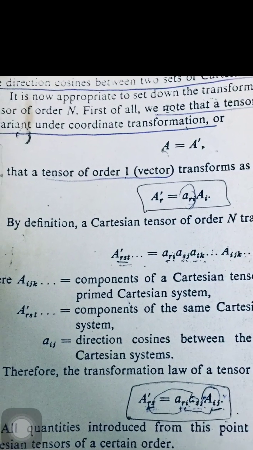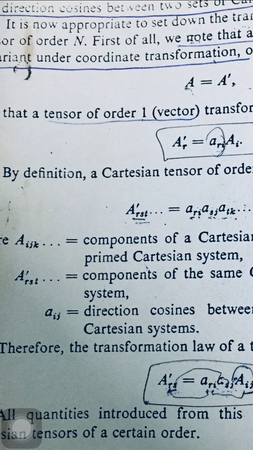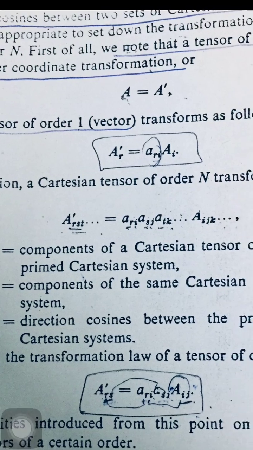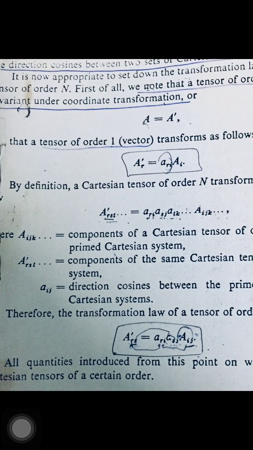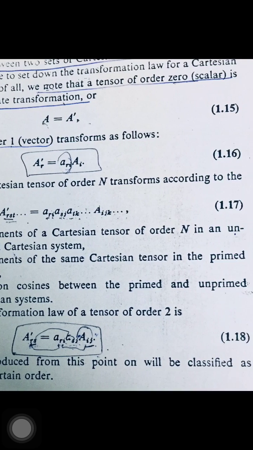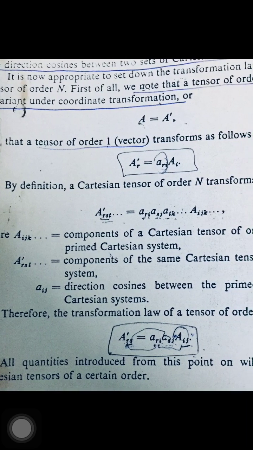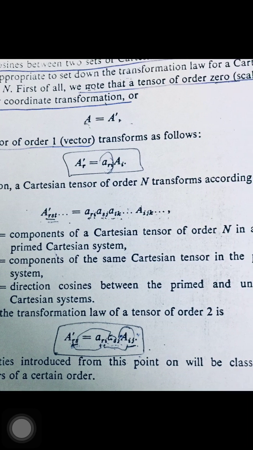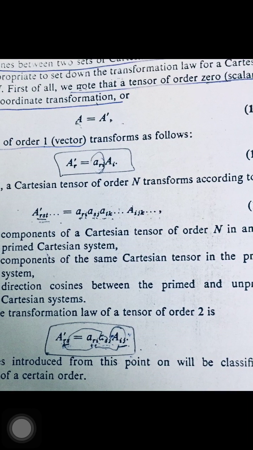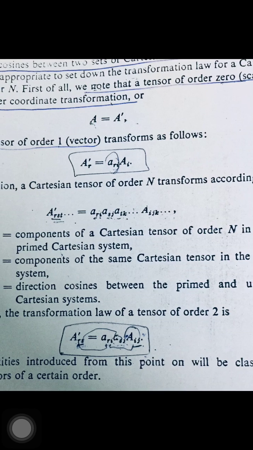Next, we are taking this. First we are taking the appropriate set down of transformation laws for a Cartesian tensor of order n. Here we note that a tensor of order 0 means a scalar.